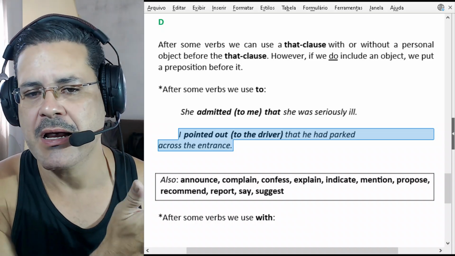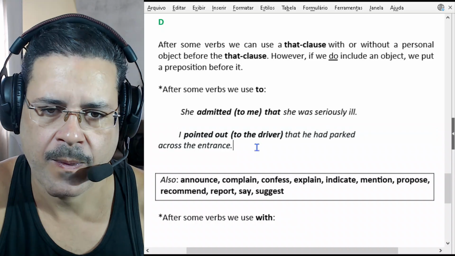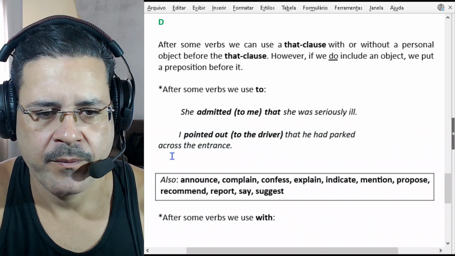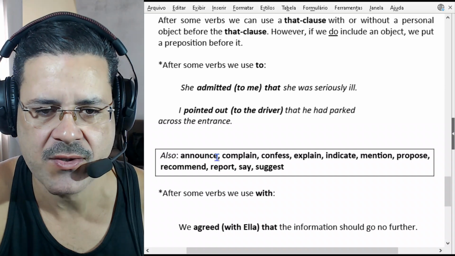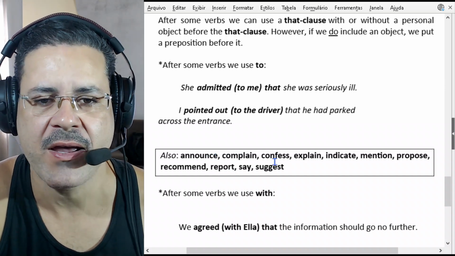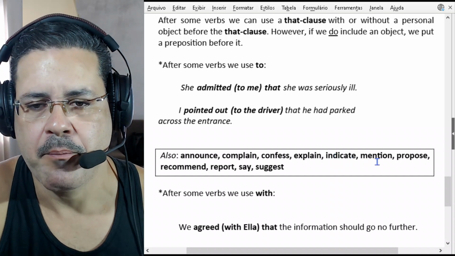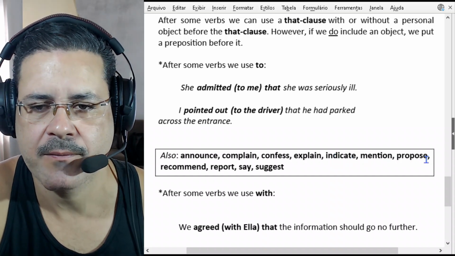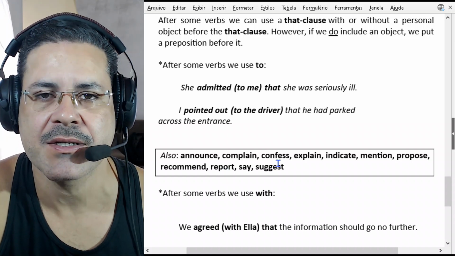Or I pointed out that he had parked across the entrance. We can use that pattern with the verbs to announce, complain, confess, explain, indicate, mention, propose, recommend, report, say, and suggest.